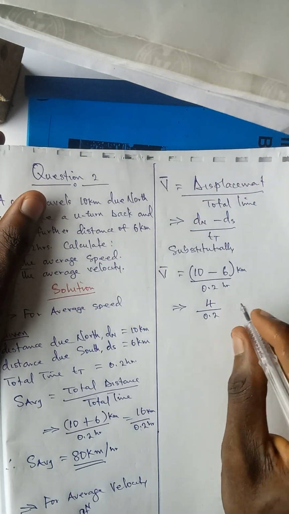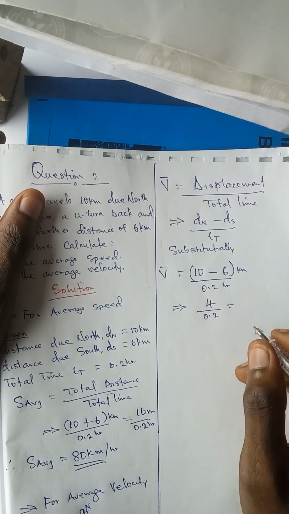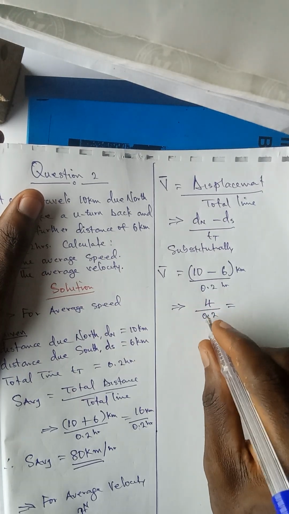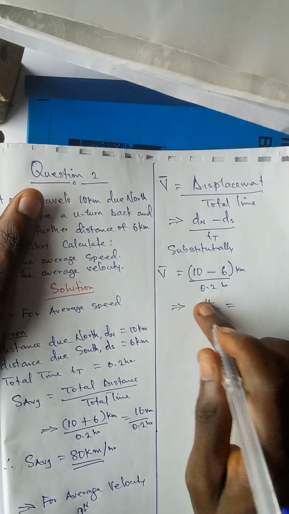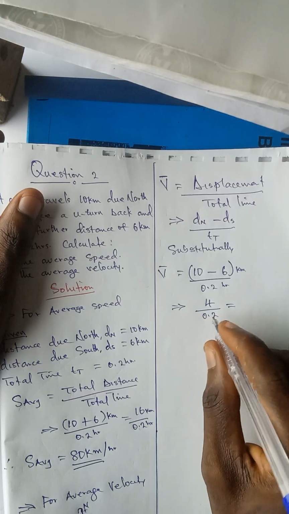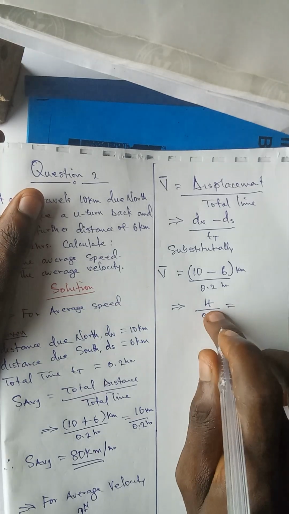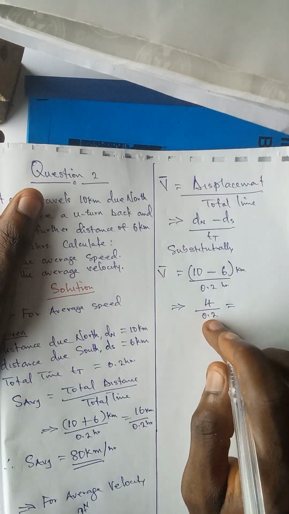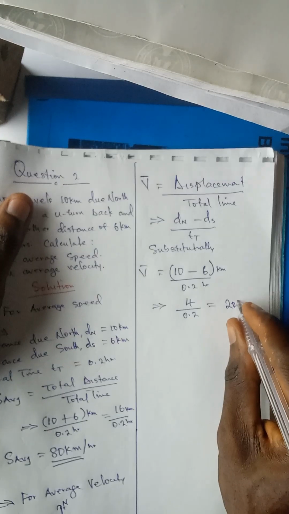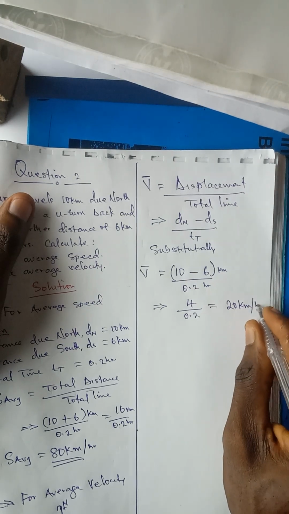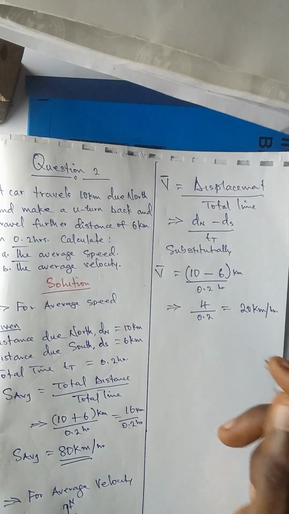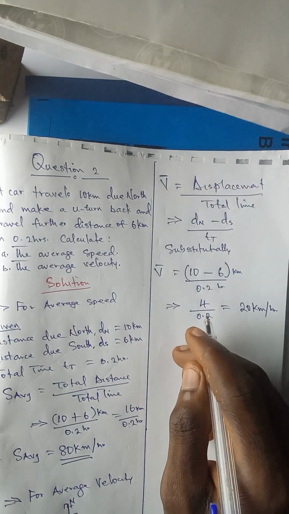If I do it without a calculator, 2 going into 4 is 2 times, and in standard form, 0.2 into 4 gives 20. So I have 20 kilometers per hour. That is if I'm not going to use a calculator. That's why I'm explaining this pattern.